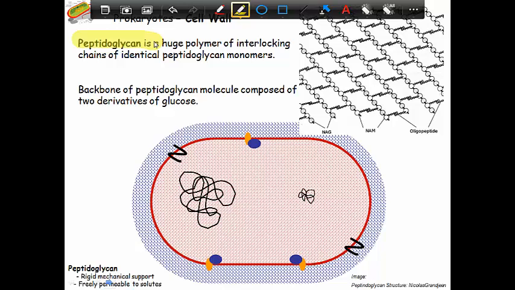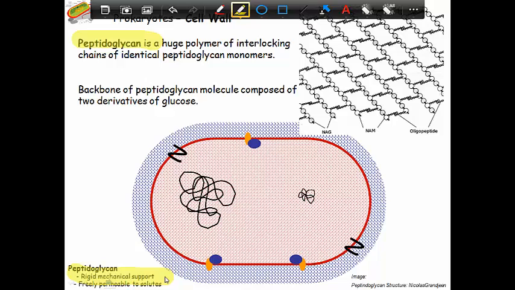So what I really want you to know is they have these cell walls. The cell walls are made of peptidoglycan, and what it does is give real rigid support to the cell itself, so it helps support and structure the cell. But it does allow solutes, so particles, to move in and out of the cell. So it's not like it's a barrier. It's not completely blocking things off.